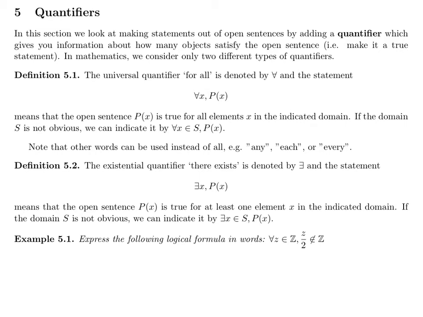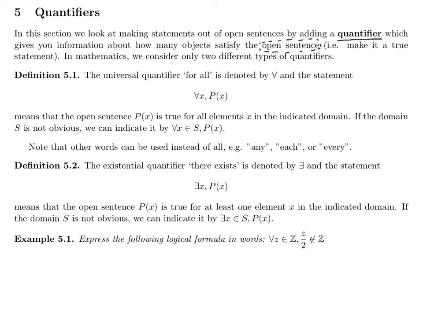In this video, I want to talk about the idea of quantifiers. Quantifiers are words that give you information about how many objects satisfy a certain property, and that property is usually expressed as an open sentence.